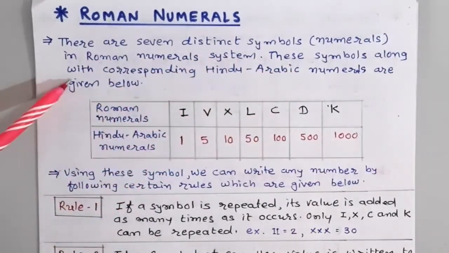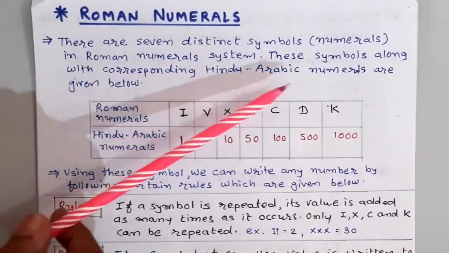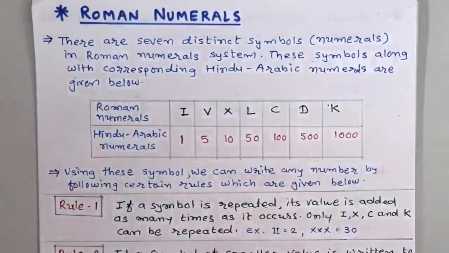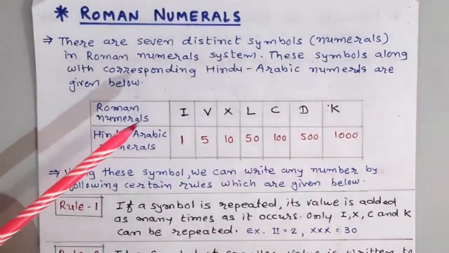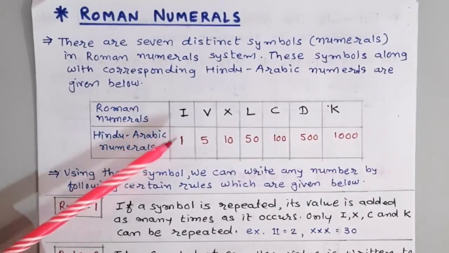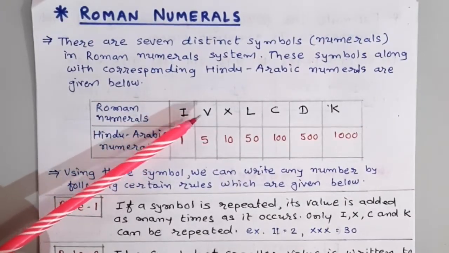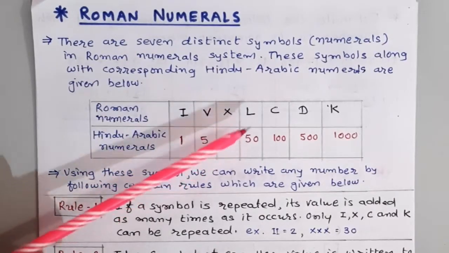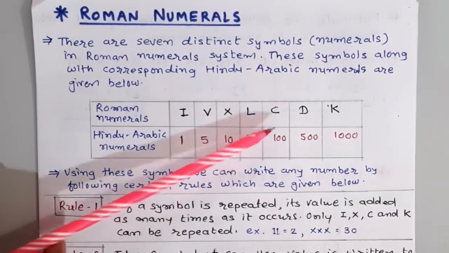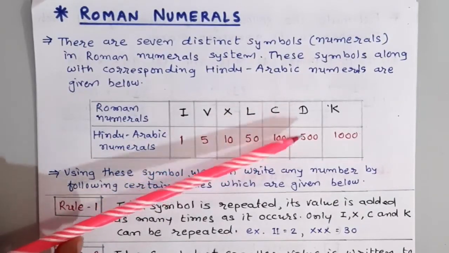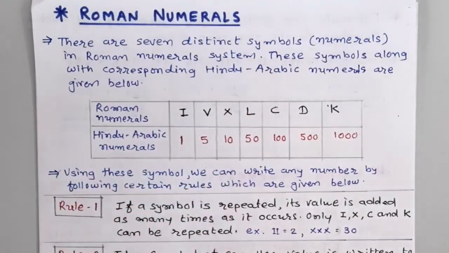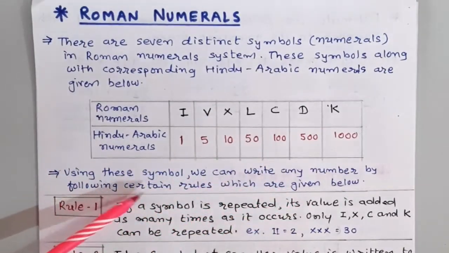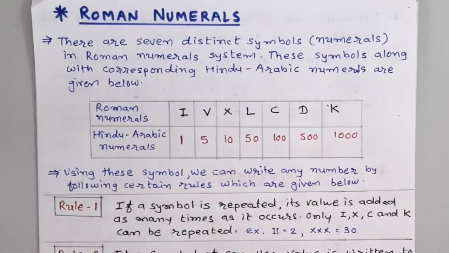These symbols along with the corresponding Hindu-Arabic numerals are given below. In Roman numerals, I means 1, V means 5, X represents 10, L represents 50, C means 100, D means 500 and M means 1000. Using these symbols we can write any number by following certain rules which are given below.